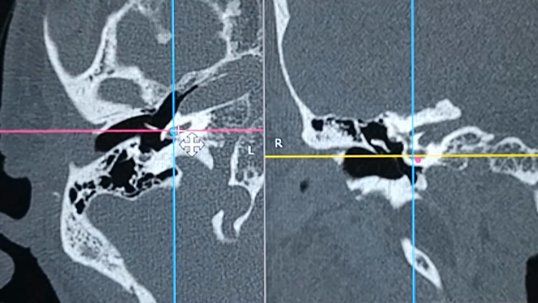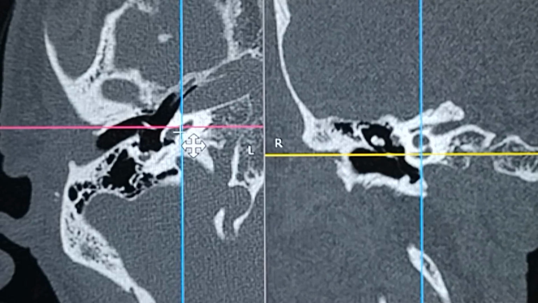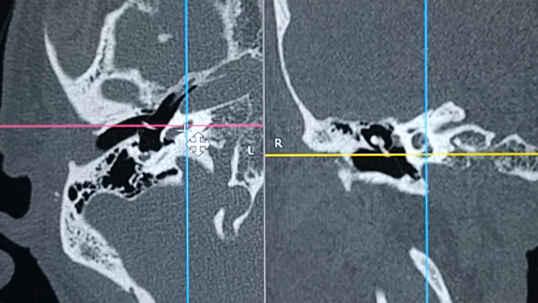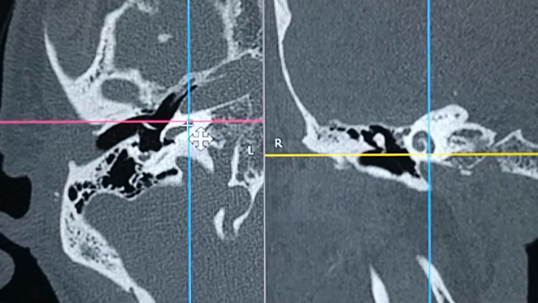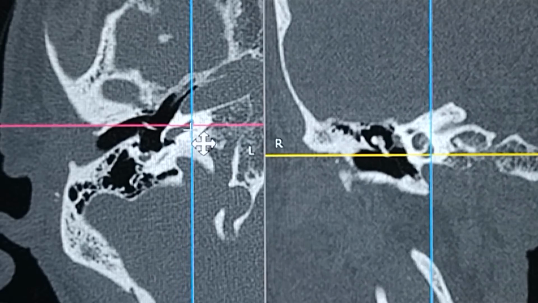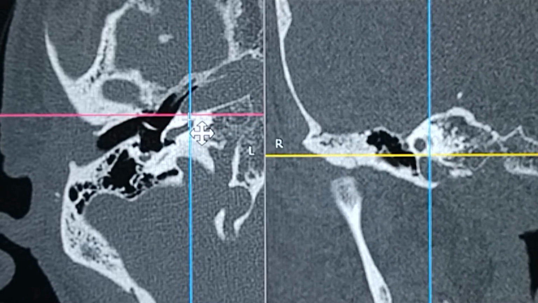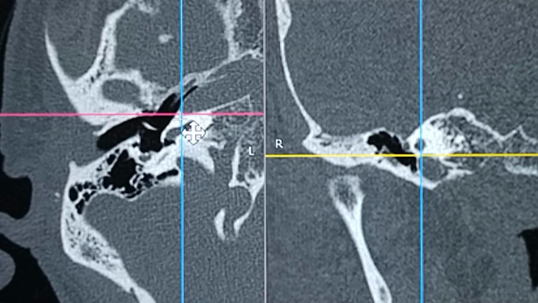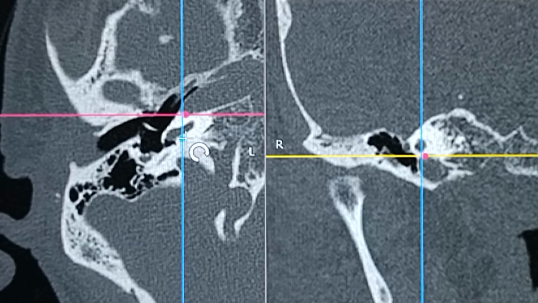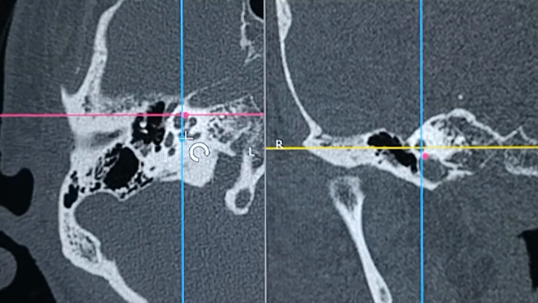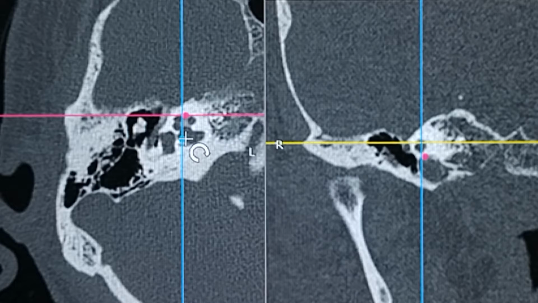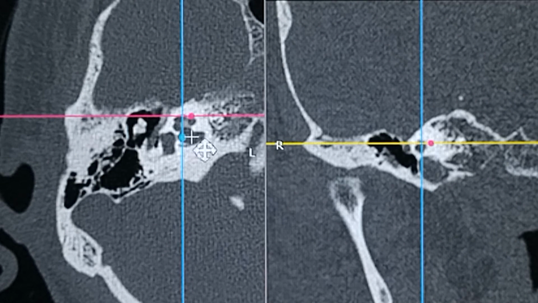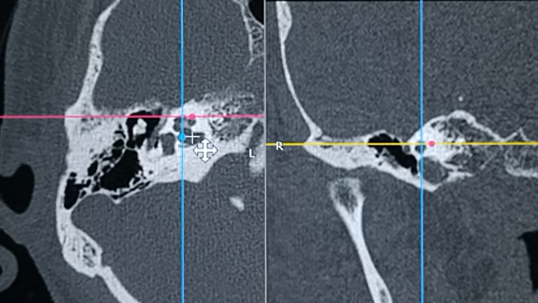As I keep going up, you can see the actual 3D orientation of the basal turn of the cochlea becoming the middle turn and then the apical turn, which I'll come back to again. If I keep going above, you can see now on the axial section the vestibule over here and the cochlea over here. And you can see a glimpse of the internal auditory canal right here.